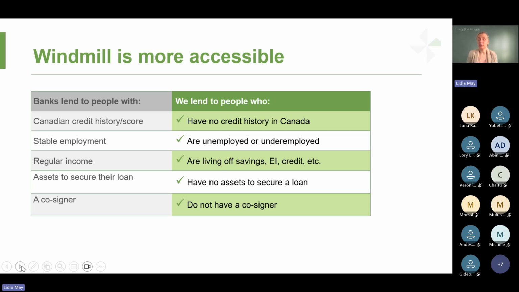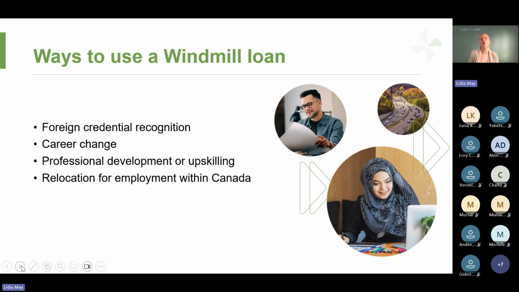Also, we don't ask you to have a stable income or a stable job, because we understand that you can live off your savings, you can live off your EI, maybe some government support available to you as well. And of course, we don't ask you for any assets to secure a loan or to have a cosigner on your application.